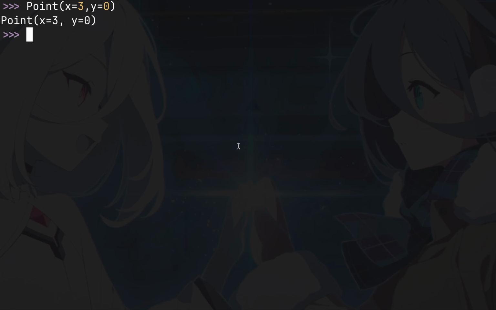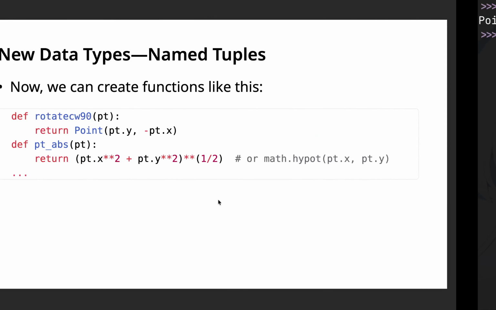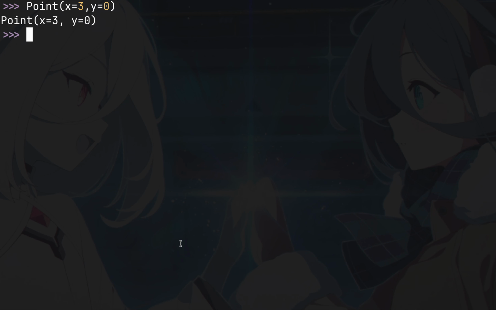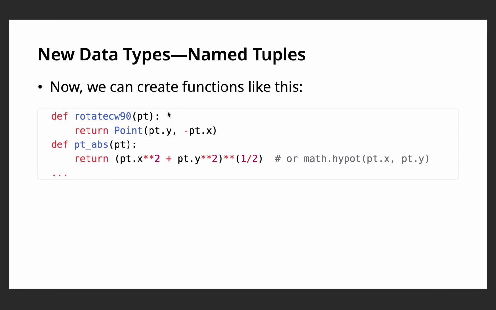If you rotate that counterclockwise by 90 degrees, you would end up with 0 then 3. So that's essentially what's happening here. This is clockwise. So clockwise will turn it to 0, negative 3. So here it's 0, then negative 3. Okay? So that's what this function does.